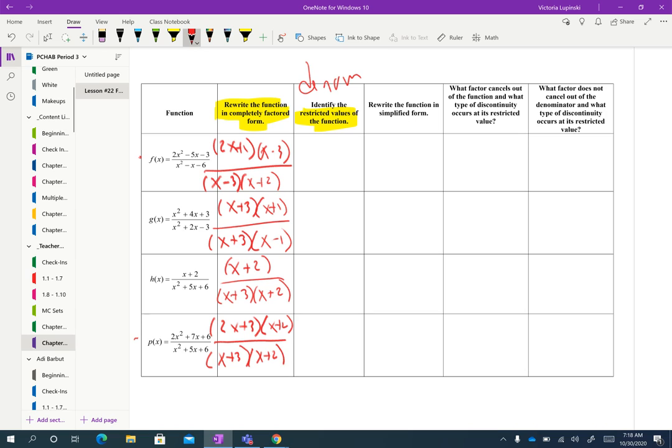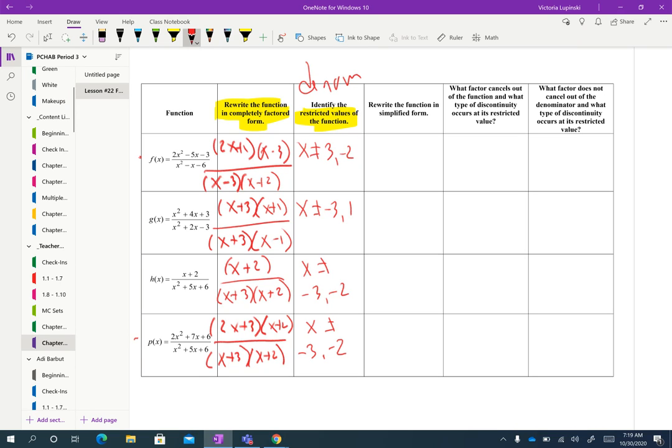So if you take a look at the denominator in the first example, your restricted values are the fact that x cannot equal 3 or negative 2, compared to the next one where x cannot equal negative 3 or 1, x cannot equal negative 3 or negative 2, and then x cannot equal negative 3 or negative 2. That drives home the point of what we did yesterday, reiterating the fact that any restriction, any discontinuity, as it were, comes from the denominator.